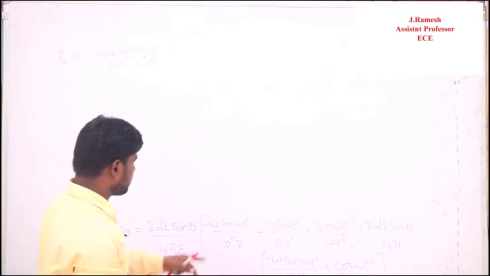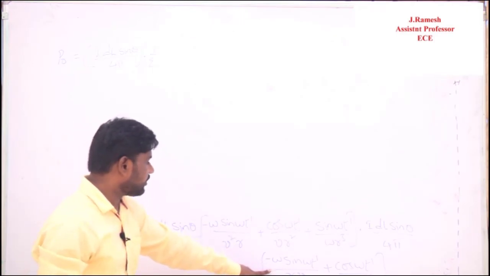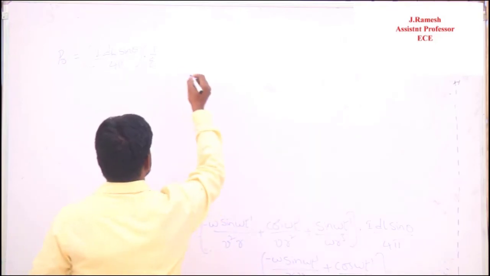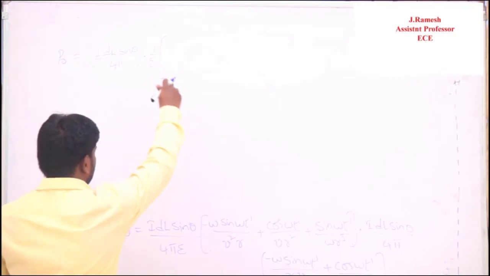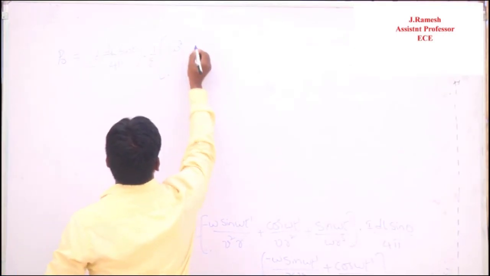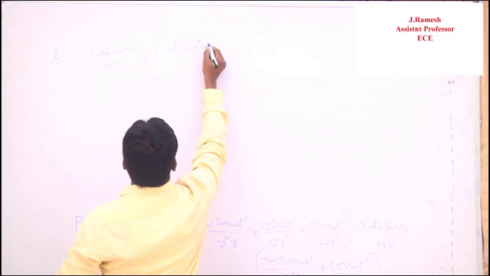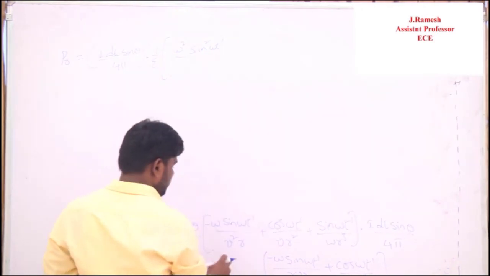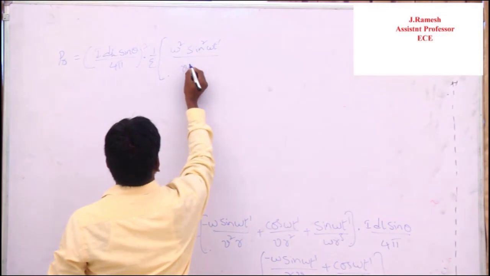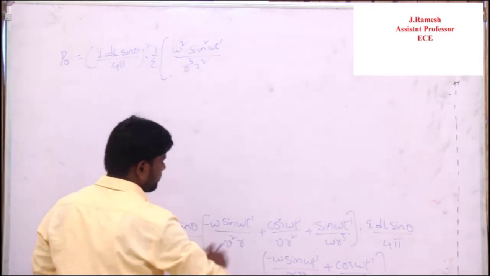So here the remaining terms I am going to multiply, minus omega into minus omega, so omega square sin square omega t dash by V square R, here into R square, that means V cube into R square. So that is the first term multiplication.